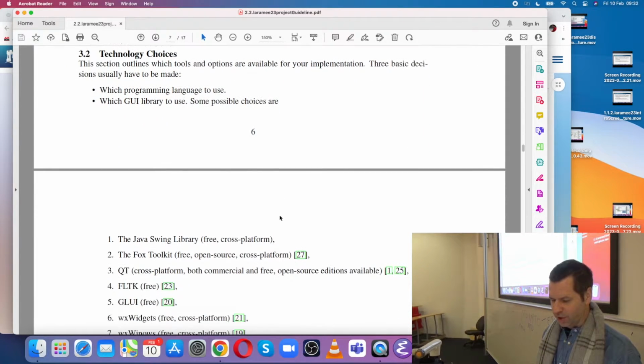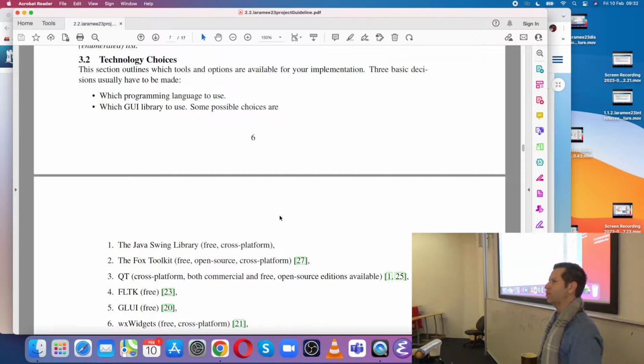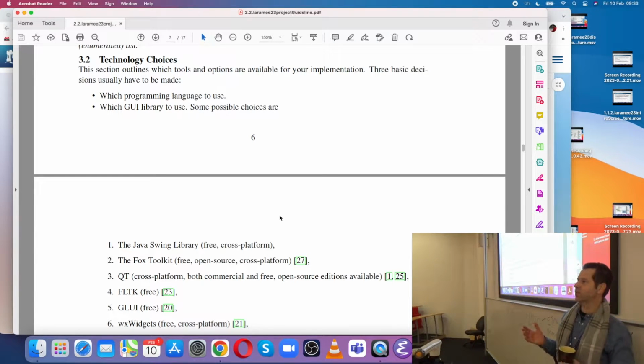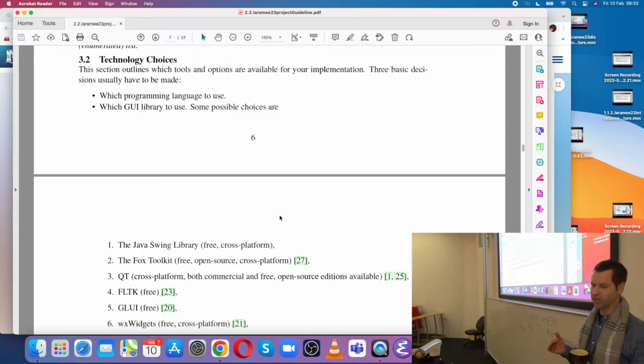What technology am I going to use? This is a challenging question for computer scientists because there's so many options. You have different programming languages, you have different software libraries, you have different hardware choices, different hardware libraries, and you have to make some choices, right? And so here you discuss those choices.